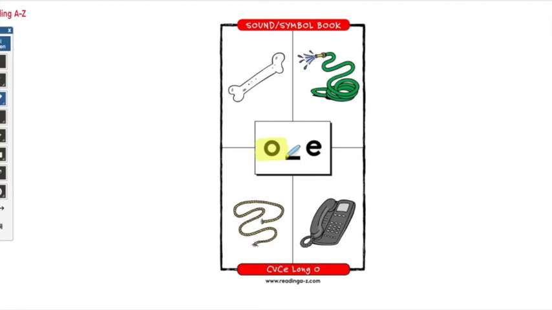It's the letter O. And what is the long sound for the vowel O? It's just O, O, O. So let's read some words with that O sound in them.